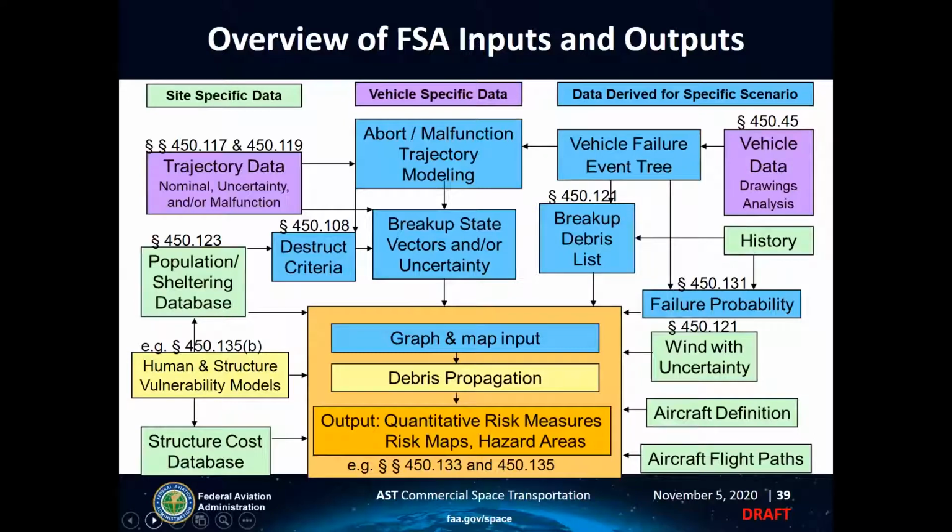So you can see there's a great deal of input data of these various flavors that then goes into the quantitative risk assessments that are required under 450.133 and 135, and various risk measures as required by 450.101, such as the individual risk and collective risk. And that outputs typically include contours with different probabilities of casualties and different probability of impact.